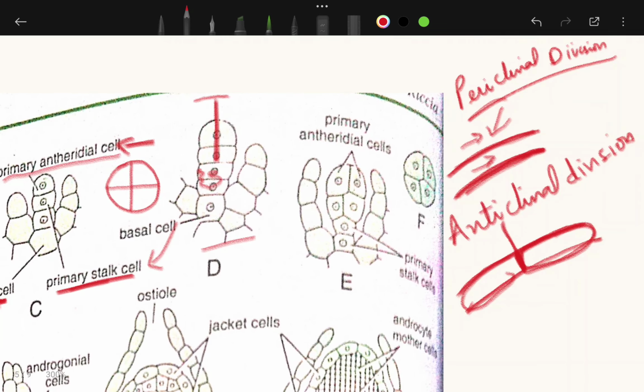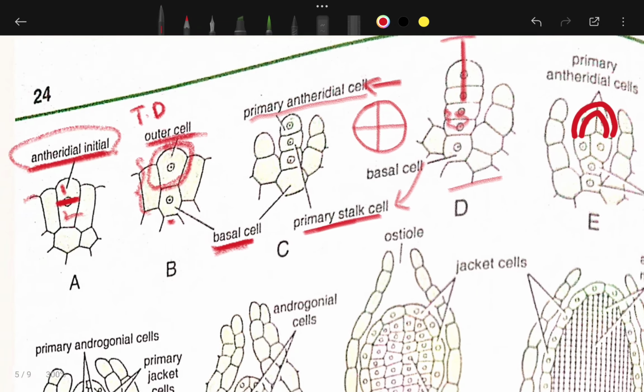So these 8 cells will undergo a periclinal division. Since this is the cell surface, periclinal division will take place in this manner.